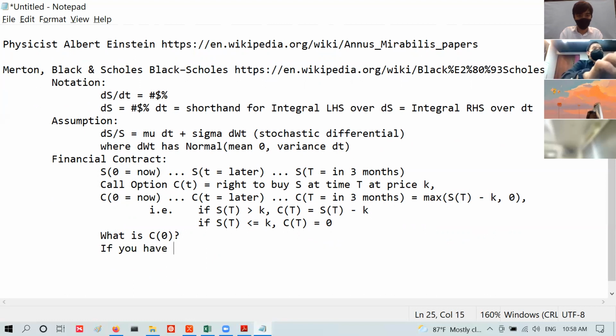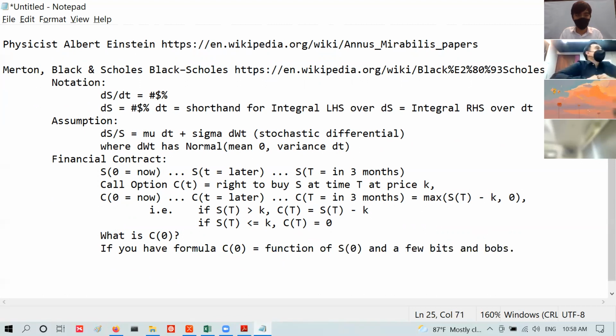If you have a formula, C_0 is equal to some function of S_0 and a few bits and bobs, here's the deal: you get a Nobel Prize. Not only that, you make a lot of money.